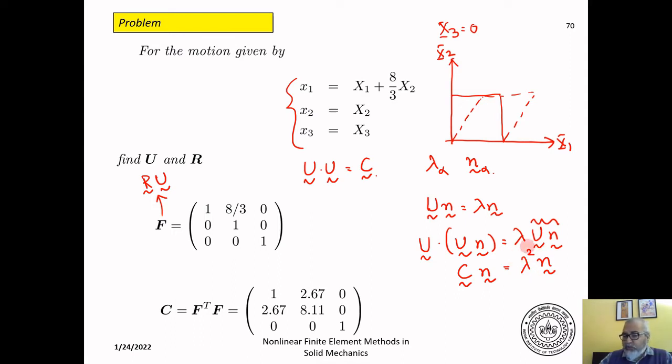We take the square root of them, and with the eigenvectors, we can transform that back to get my U.